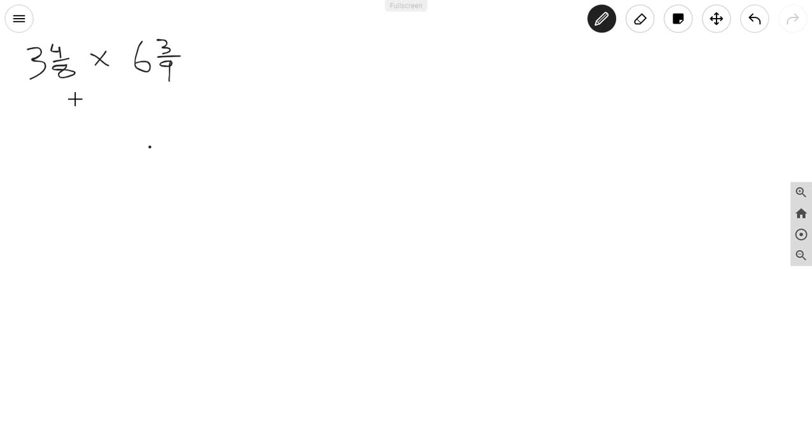So 4/8 is the same as 1/2, so this is 3 and 1/2 times 6 and 3/9, the same as 1/3, right? Times 6 and 1/3. Okay. These are both simplified at their lowest terms. So now I'm going to convert into an improper fraction. 3 times 2, 6, plus 1 is 7.